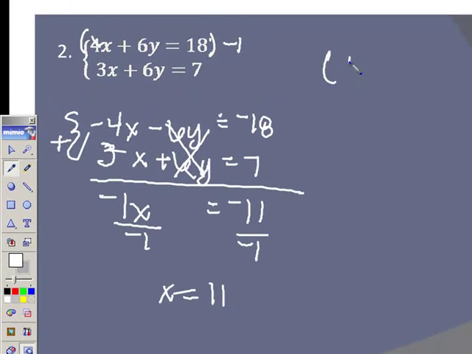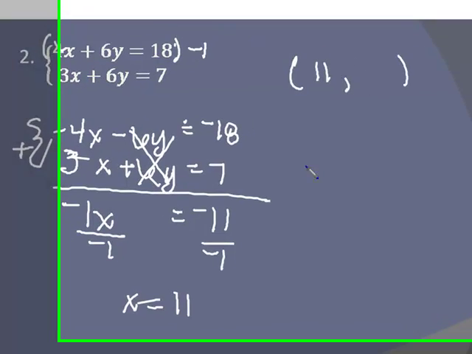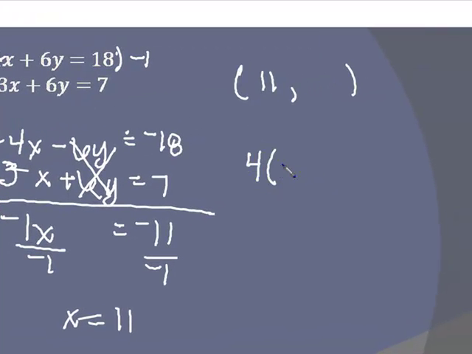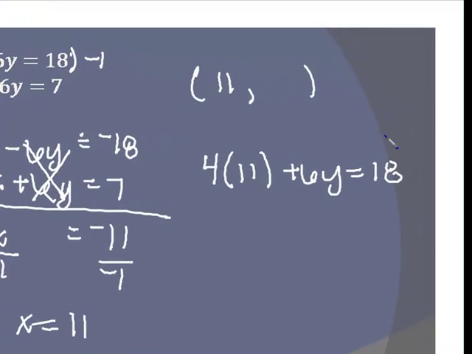So I come up here, and the x value is 11. Now I've got to find y. What do I have to do? Plug x equals 11 back in. So I'm going to use the first equation. 4 times 11 plus 6y is equal to 18, right? What's 4 times 11?